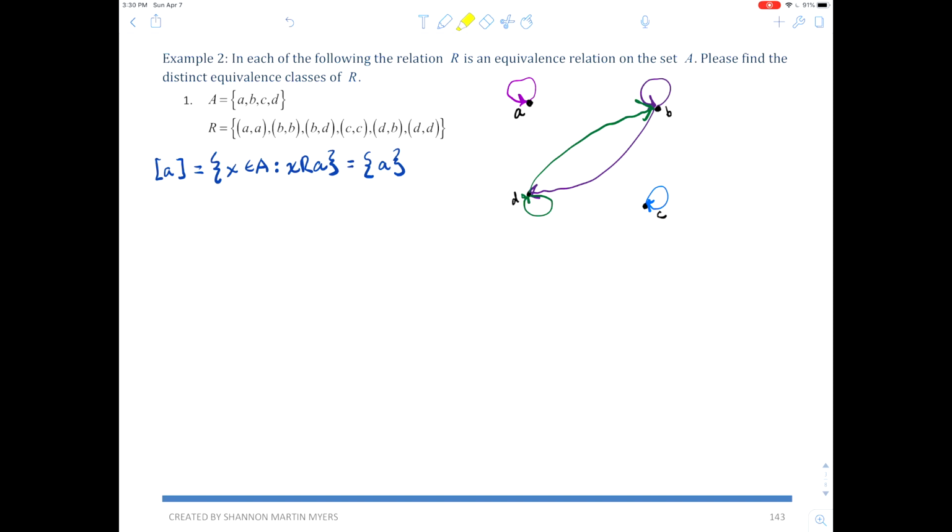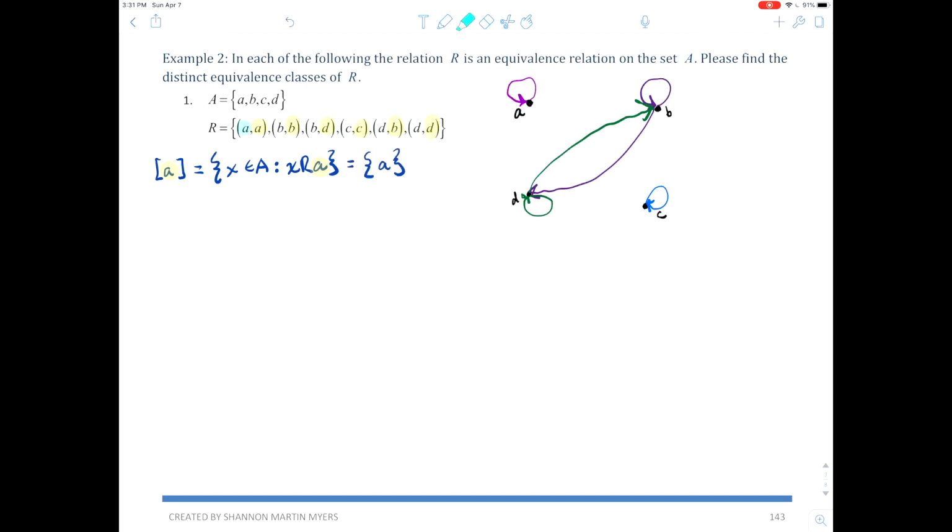So this is what's happening. When finding the class of A, we are looking at our outputs. So we're looking for the inputs that result in the output A. Good so far? So when we're looking at the class of A, we're looking for that second coordinate containing the element A. So when we're looking at the inputs, what do we have?